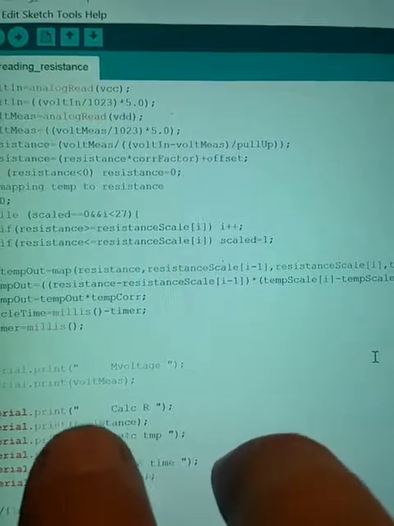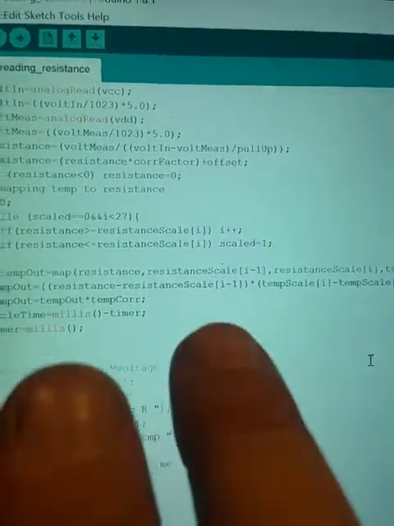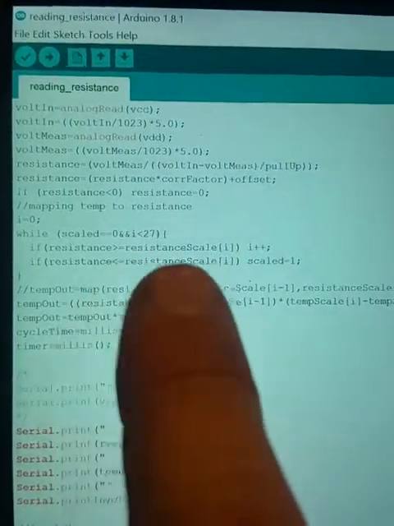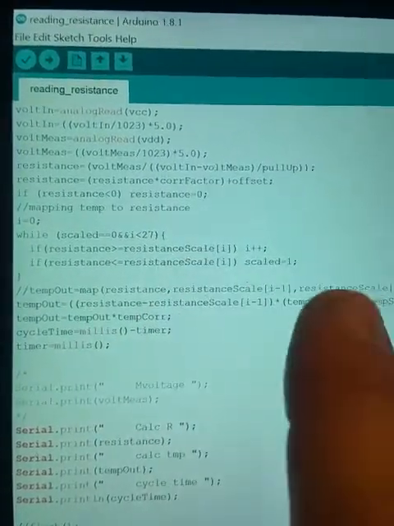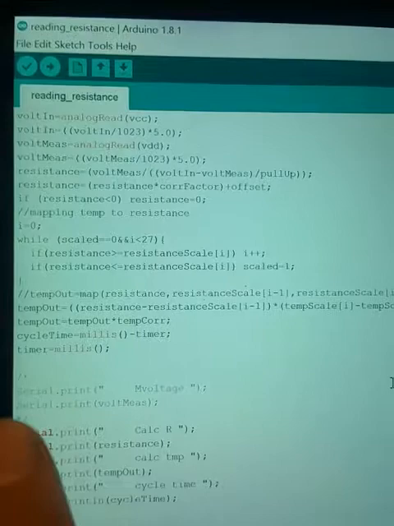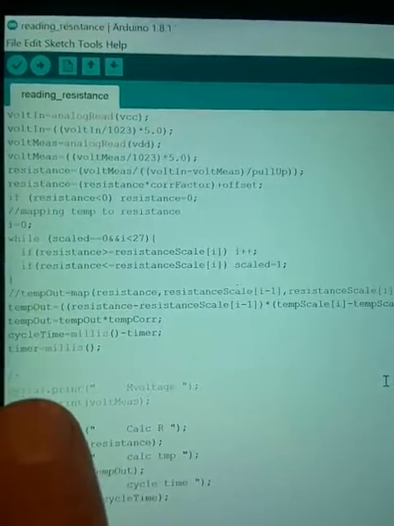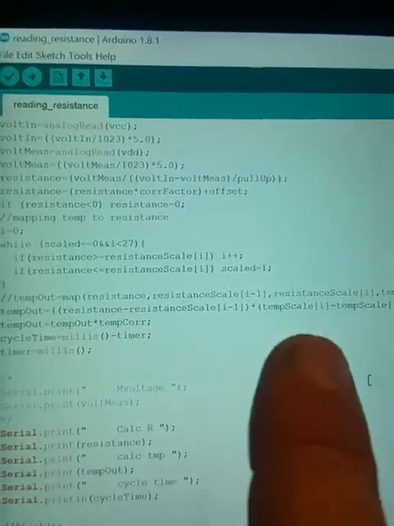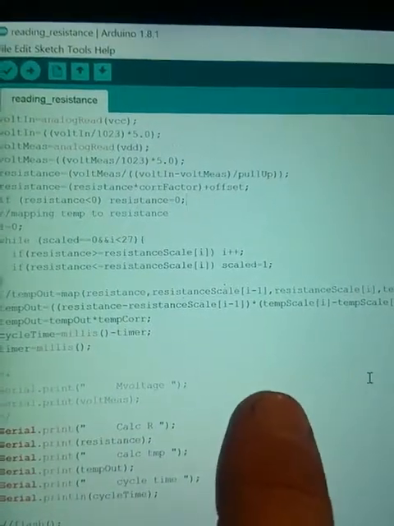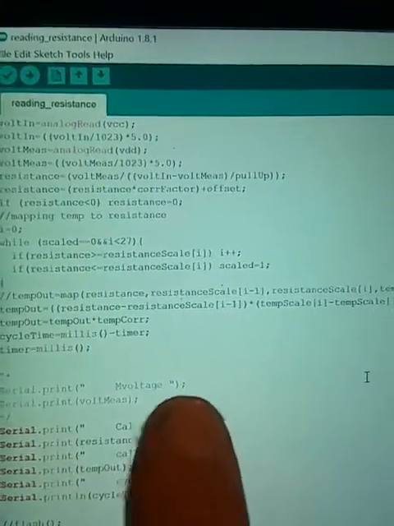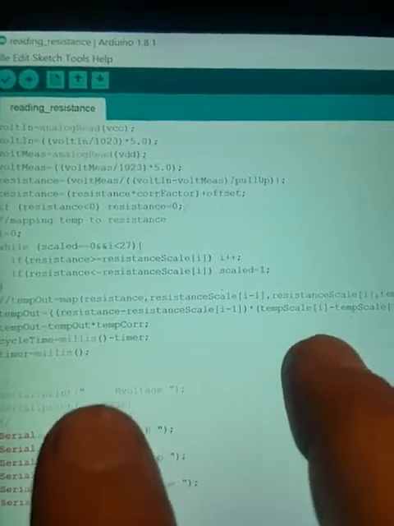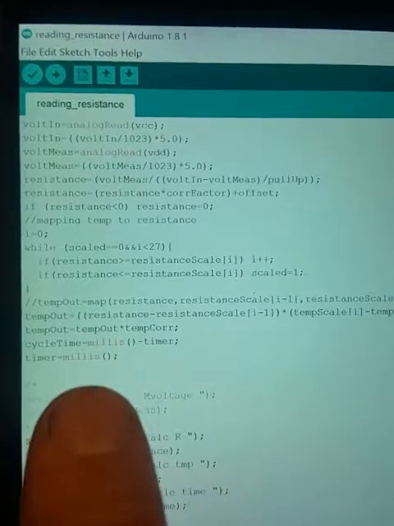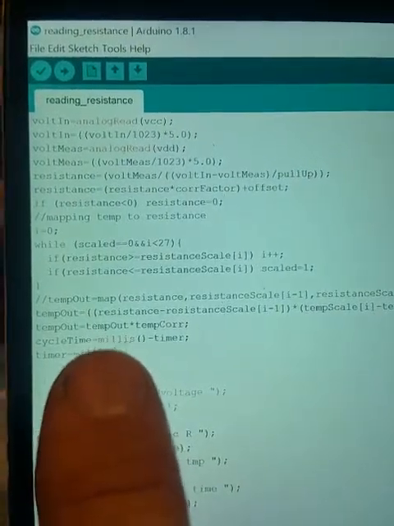If I have 2.5 volts, it'll come back as a 5. That's basically what this is doing. It takes the resistance that's above the measured resistance and below it, and maps between the two temperatures for those two resistances to get the accurate temperature.